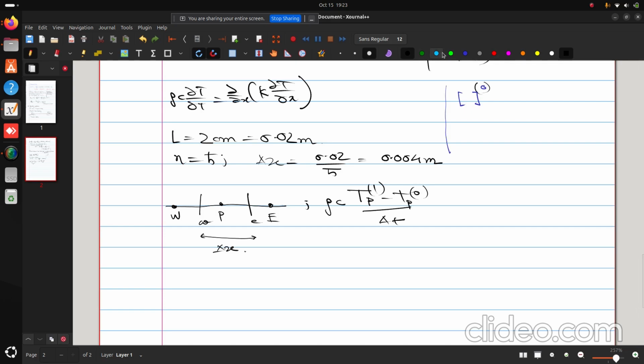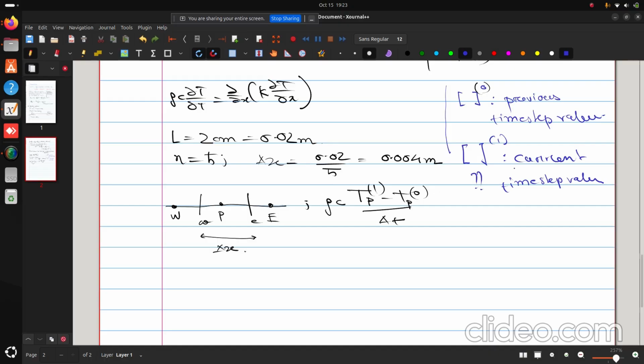The 0 superscript denotes the previous time step value, and this is the unknown, right?